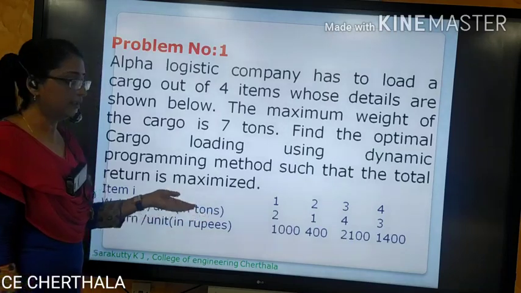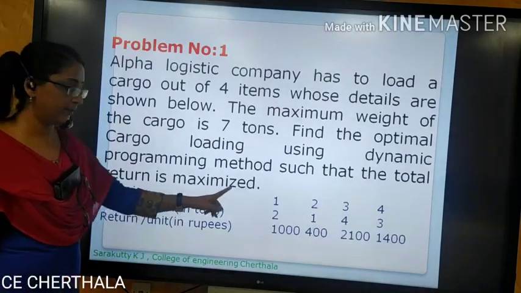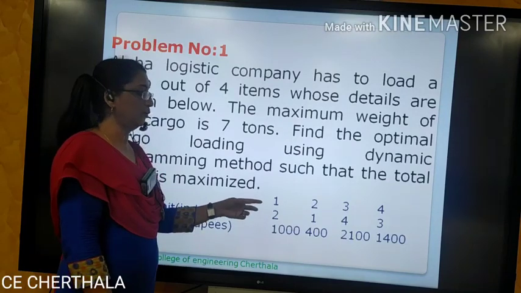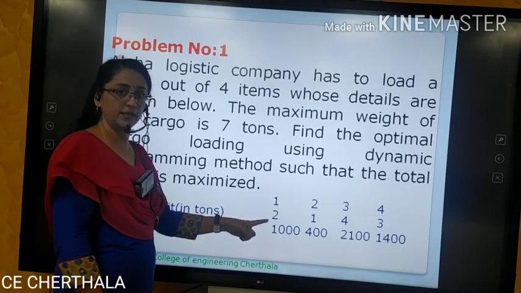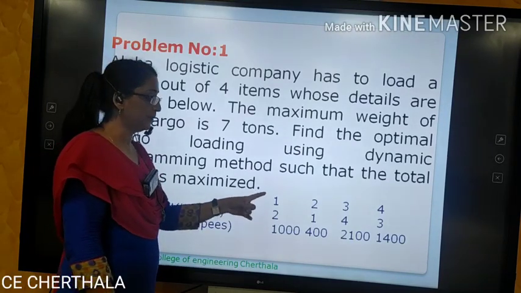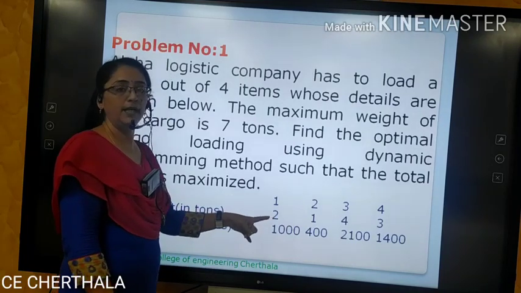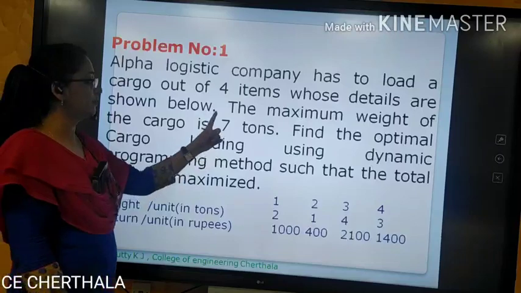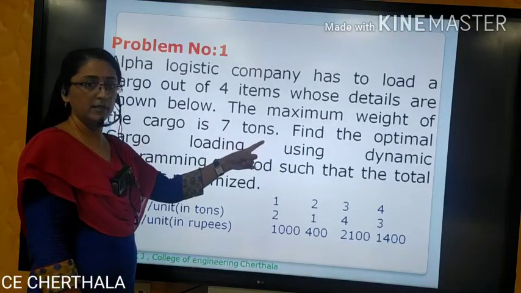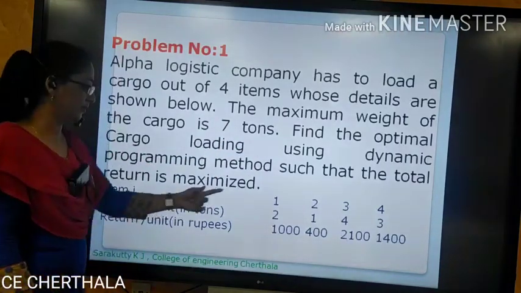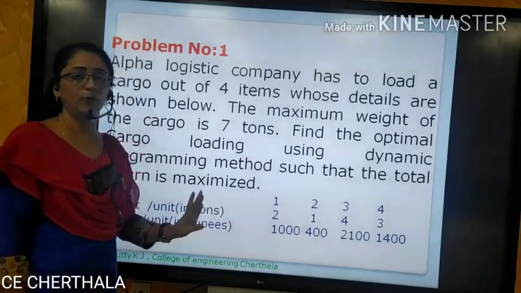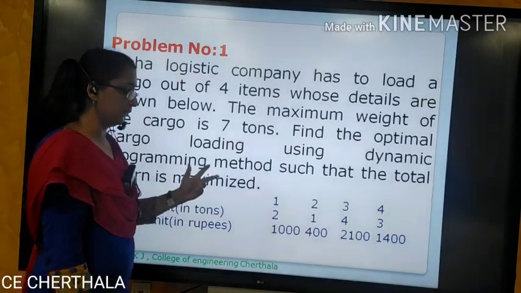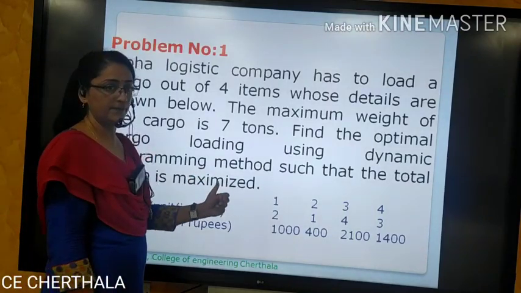Or we can take 2 units of item number 1. 2 units means weight is 4 ton. 3 units means weight is 6 ton. 4 units means weight is 8 tons. But that is not possible because the maximum possible weight is 7 ton. So with item number 1, there are only 4 options: 0 unit, 2 unit, 4 unit, 6 unit.